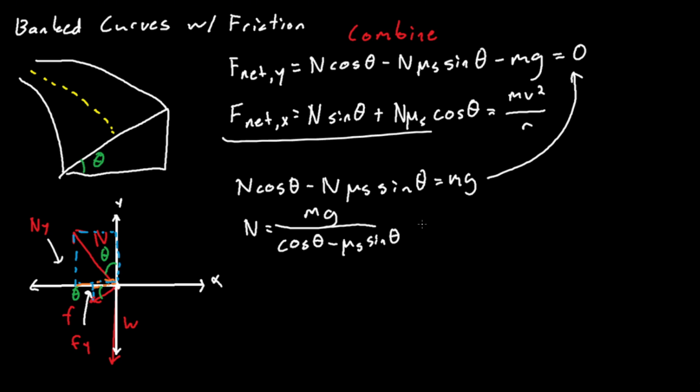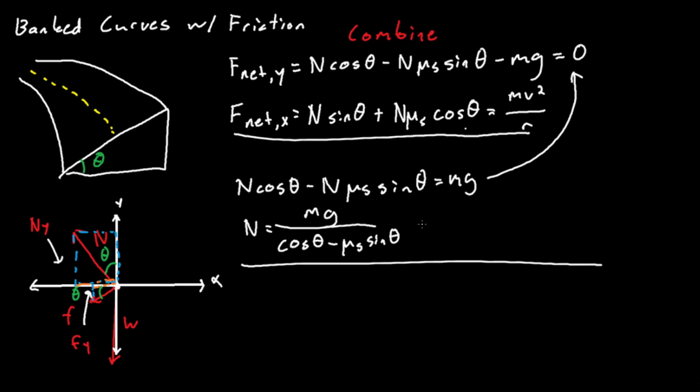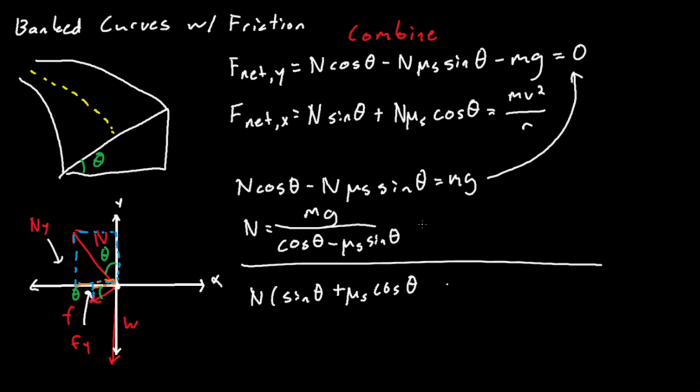So what we can actually do is, this time, let's separate this. We can isolate n here. So n times sine of theta plus mu of s cosine of theta is equal to mv squared over r.